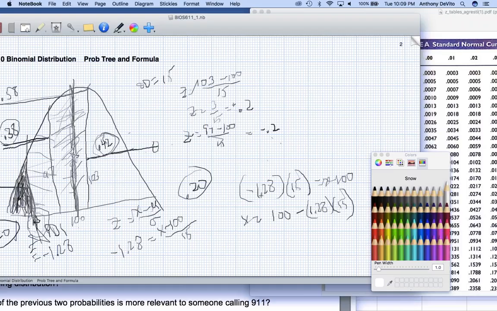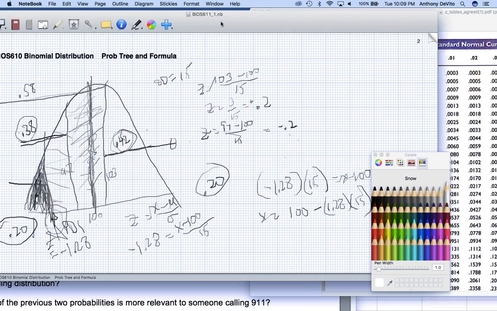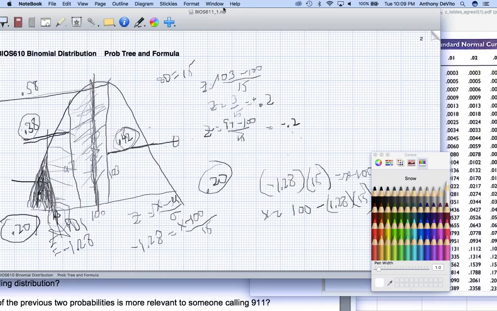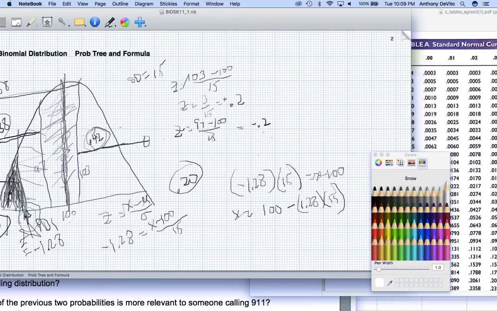And what's that going to be equal to? 80.8. Somebody saved me the trouble of actually calculating it out.